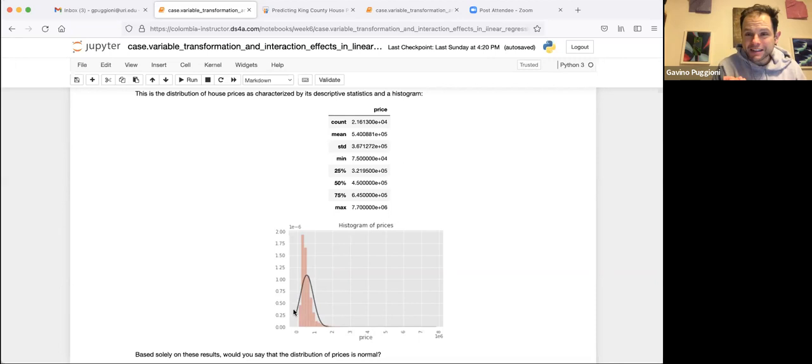This is problematic when you are building intervals, let's say for smaller prices, because you might end up with an interval that contains a negative number. That means that you would get paid to buy a house, which is very unrealistic. I never had anybody that would give me money and take their house.